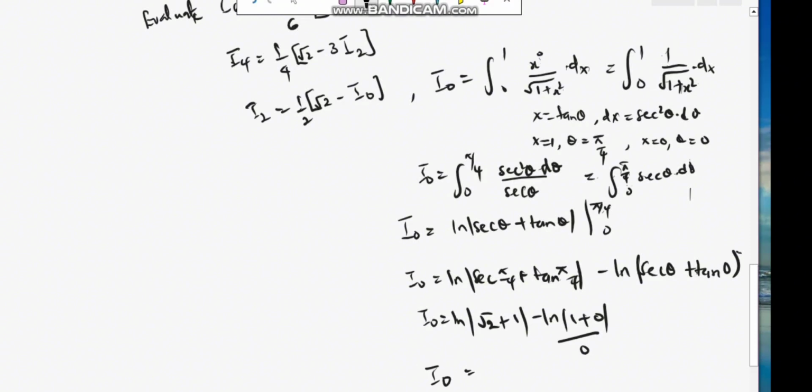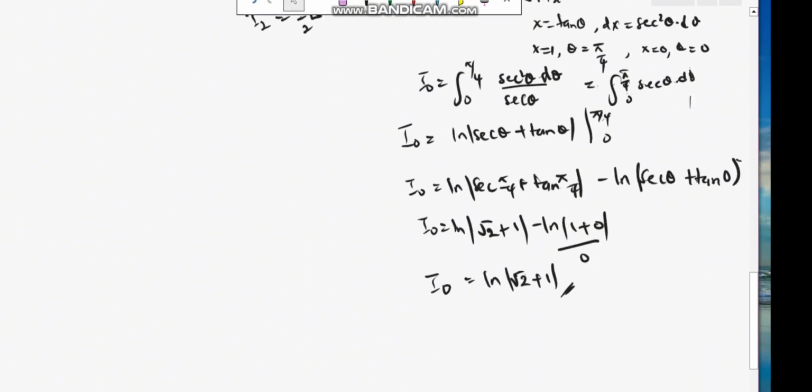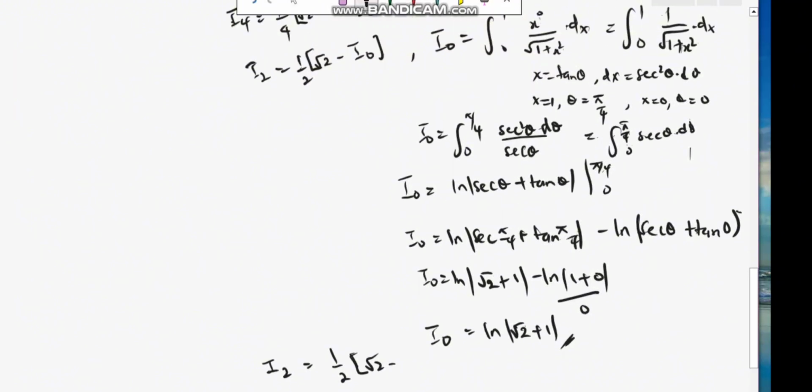So now I_0 is ln(root 2 plus 1). Since you have gotten your I_0, you will put it in I_2. So I_2 will now be 1 over 2 times (root 2 minus ln(root 2 plus 1)).